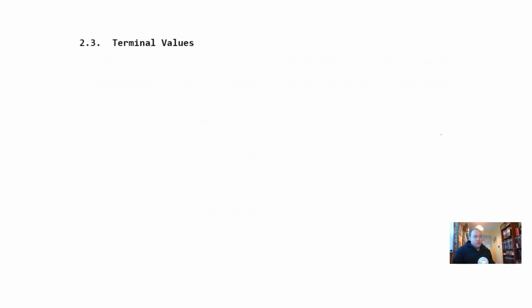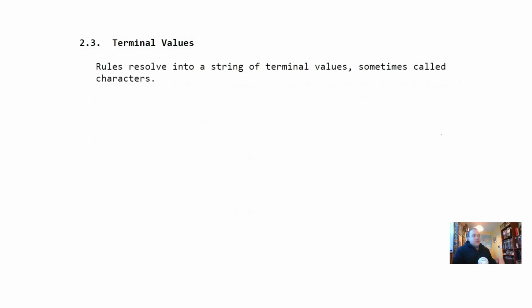So we talked about rules, and we said that on the right-hand side of that equals sign, we're either going to have rule names, more rule names, or terminal values. Well, what are they? Well, the idea is that the rules ultimately resolve into, the same way that a domain name is resolved into an IP address, a string of terminal values, sometimes called characters. Okay, so everything has to end at a terminal value. We'll see that in a moment.